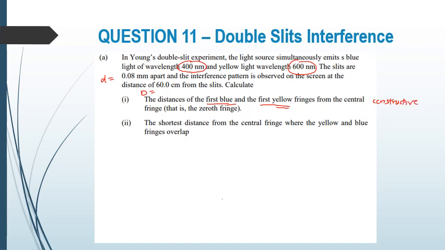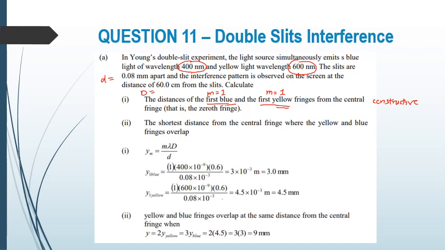For constructive interference, the order number for the first blue bright fringe is m equals 1, and for first yellow, m is also equals 1. Now that we have all of the information needed, you just have to apply the equation, y equals m lambda D over d, substitute everything into the equation and you will get the answer, 3 mm and 4.5 mm.